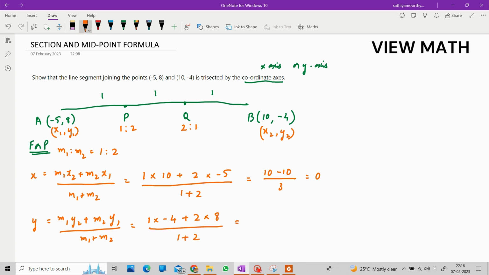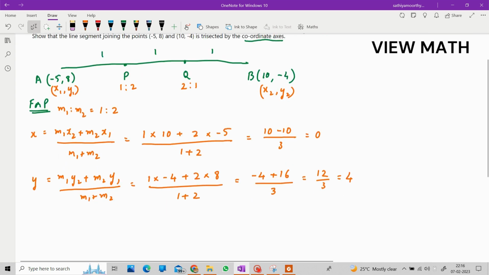So this is equal to -4 plus 2 into 8 is 16, divided by 3. This is equal to 12 by 3, which is equal to 4. Therefore we have found the coordinates of P: P is (0, 4).